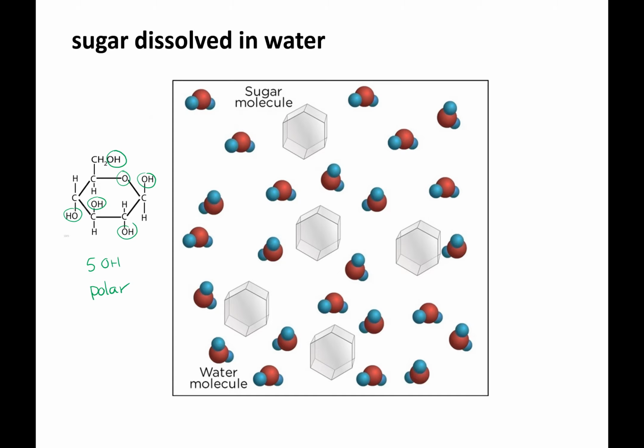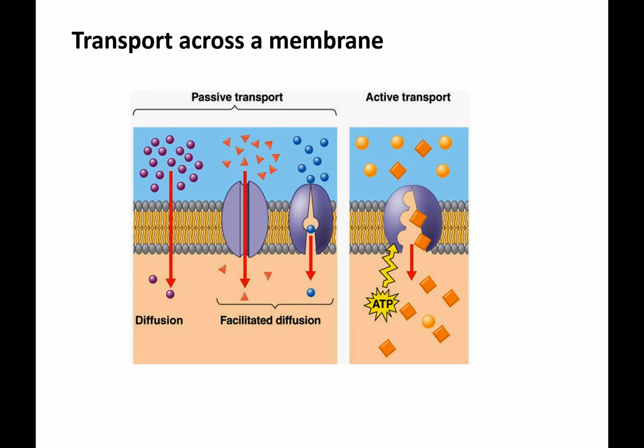So let's talk about our transport again. Transport across the membrane can be both passive and active. Passive means a molecule is moving from high concentration to low concentration.